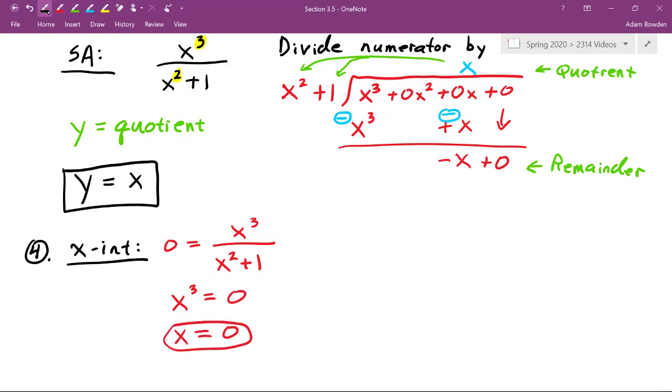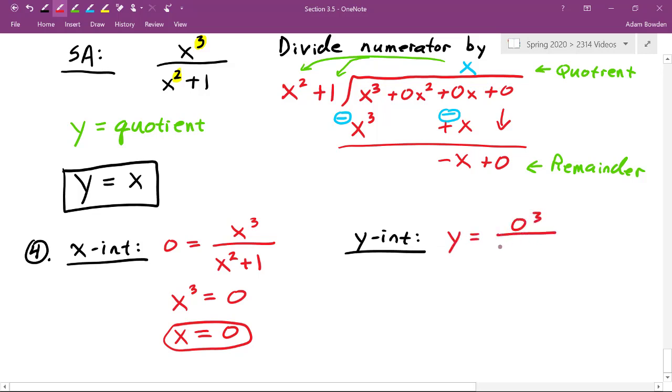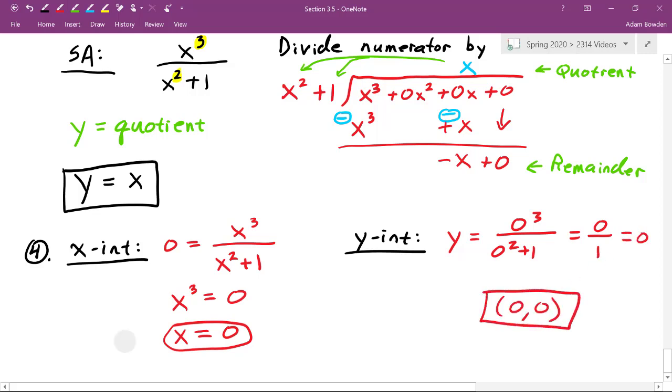And we expect to see the same for the y-intercept if we try to determine that by plugging in 0 for x. 0 cubed divided by 0 squared plus 1, 0 divided by 1 or 0. So the origin is both x and y-intercept here.